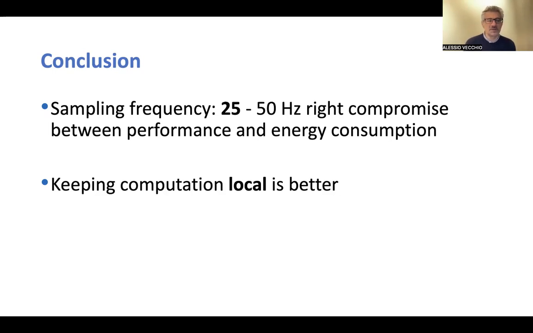And the other conclusion is that computation must be kept local. As we saw, the local configuration performs better than the other ones. So there is no need to offload part of the computation.